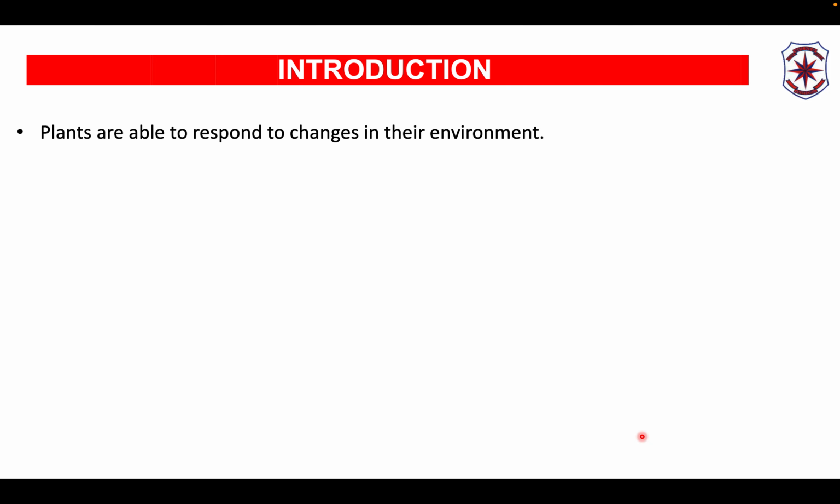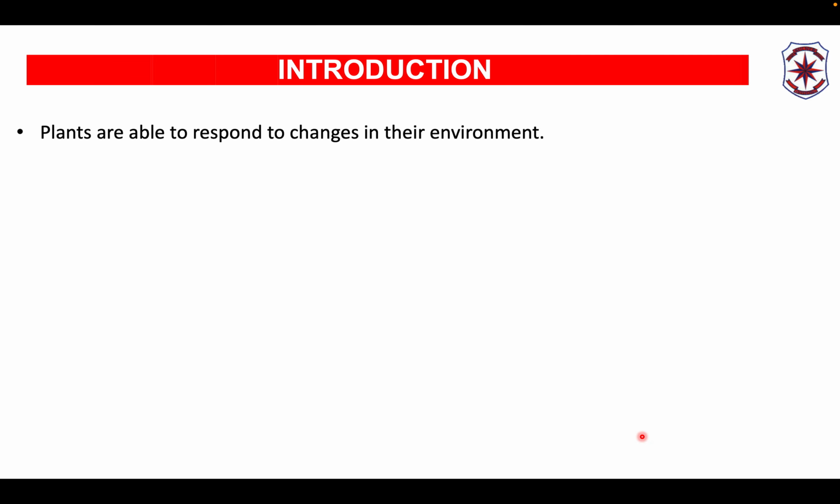Why? Because plants also need certain things from the environment in order to survive. Let's think about what things plants use in order for survival. Plants require sunlight, for example, to be able to photosynthesize, to make their own food. So there must be a way in which plants grow or react in order to attain sunlight.